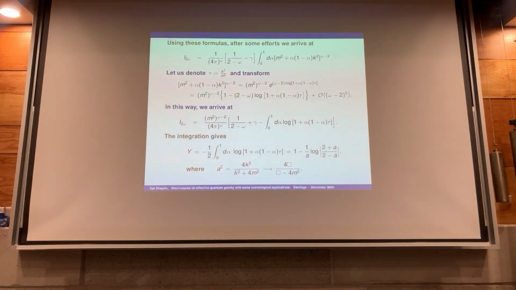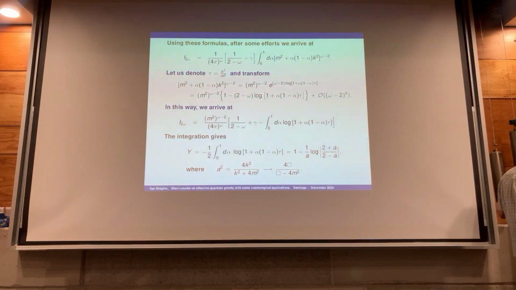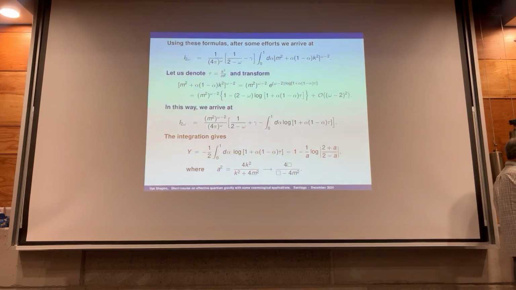So we do the following. We take m squared to the omega minus 2, and we write it as mu squared to the omega minus 2 multiplied by m squared over mu squared to the omega minus 2. And then we say that this is mu to the n minus 4, because n is 2 omega, the dimension.